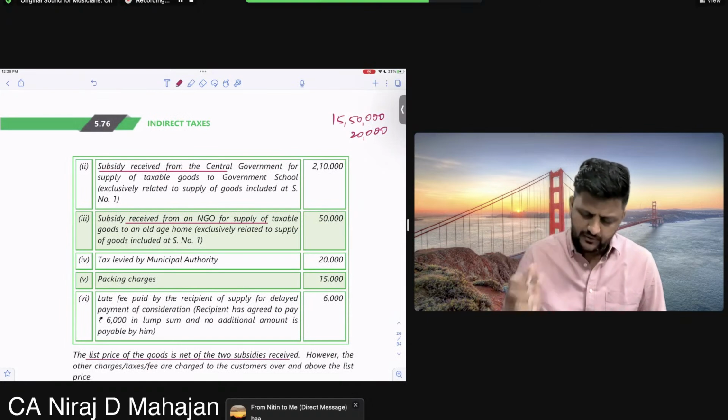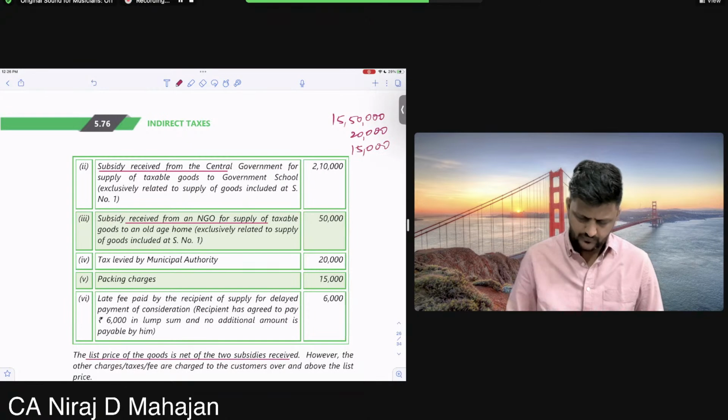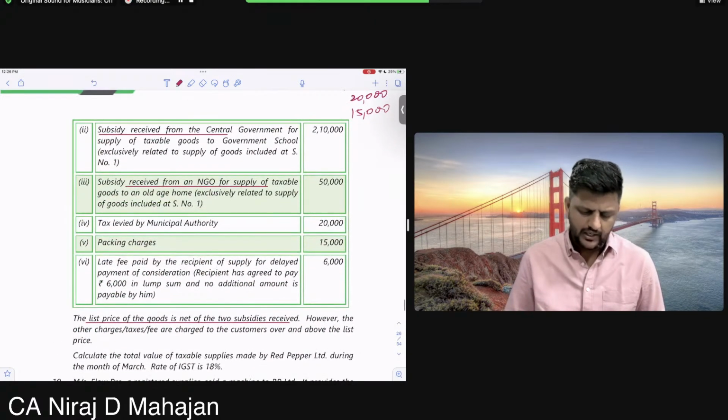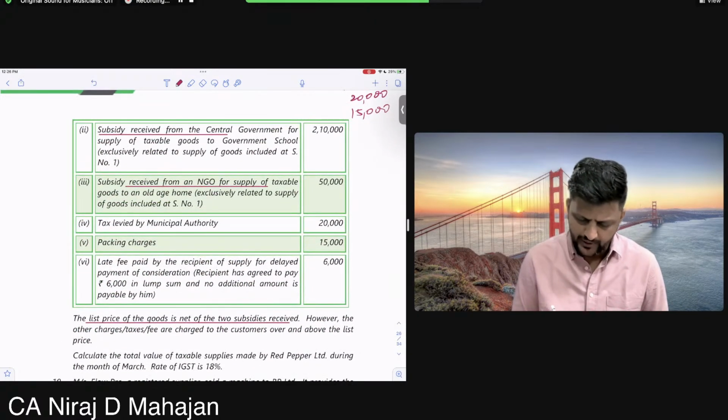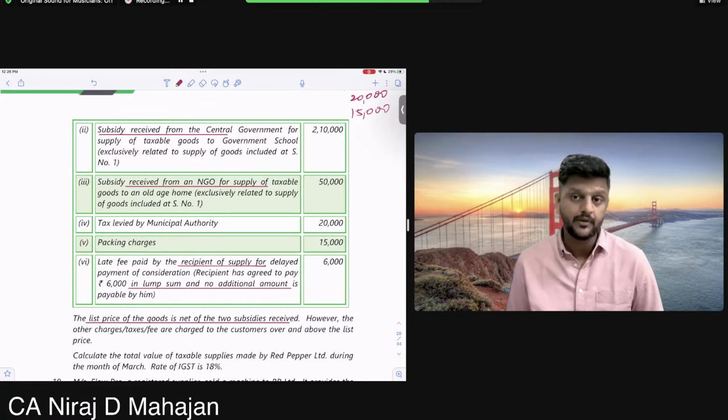Packing charges, add. Late fees paid by recipient of supply for delayed payment of consideration. Recipient has agreed to pay 6,000 in lump sum and no additional amount is payable by him.